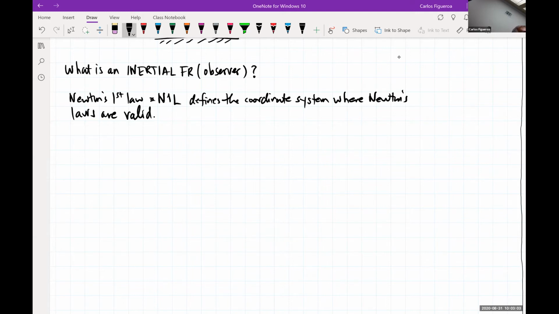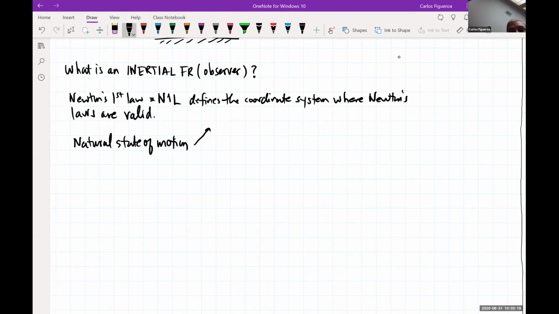Okay? So according to Newton's first law, they define what is an inertial coordinate system. And what we find here is that you have to be in what I call a natural state of motion. So if you're in a natural state of motion, that means one of two things.